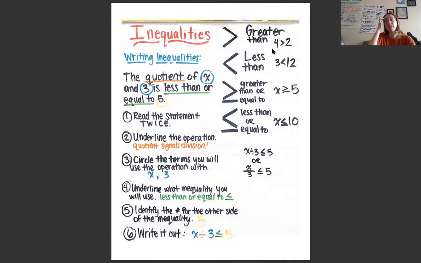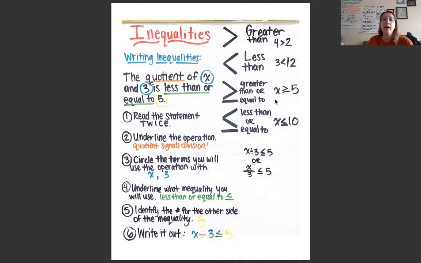Now, in sixth grade, we start to get into greater than or equal to and less than or equal to. And that's because we get things like variables on one side or expressions on one side and all that kind of good stuff. Okay, so this is really about reading a sentence and breaking it down.